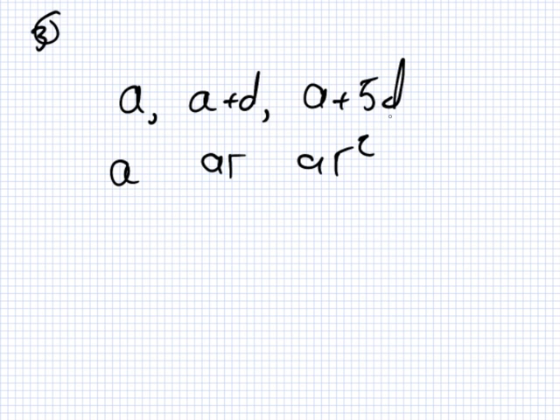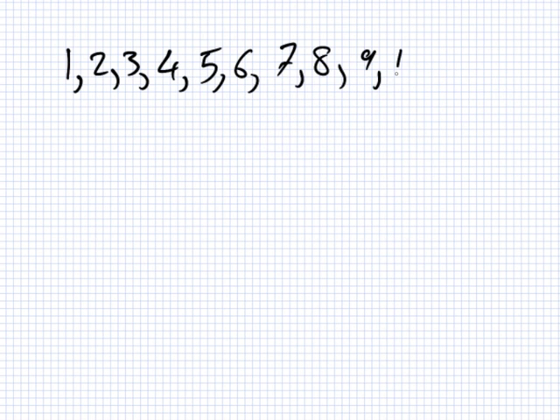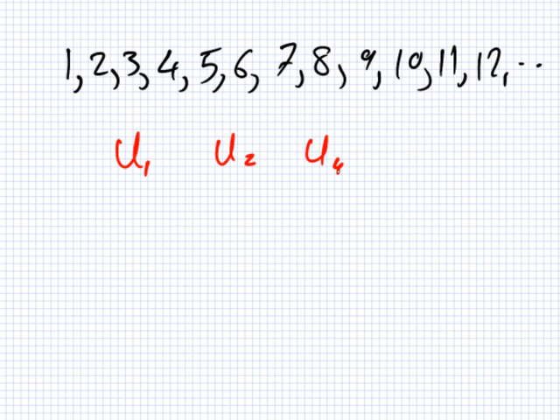Now let me explain with an example here. Imagine I have a simple arithmetic sequence: 1, 2, 3, 4, 5, 6, 7, 8, 9, 10, 11, 12, etc. That's arithmetic, isn't it? What's the A? 1. And the D? 1. Now let's take out the first term, the second term, the fourth term, and the eighth term.